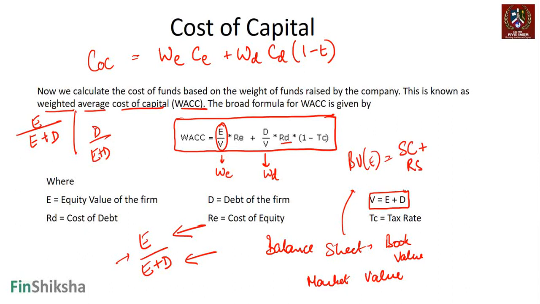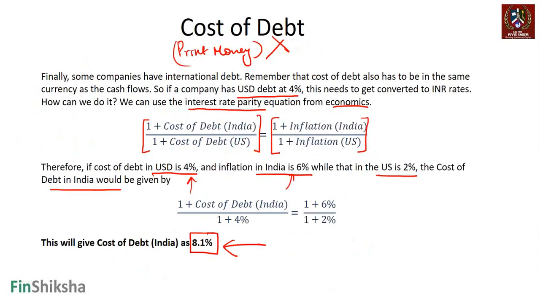That's the book value of equity. Market value of equity, on the other hand, is the share price into the number of shares that the company has. The two could be completely different, and usually, because book value is only historical looking, book value is what the company has done till date.